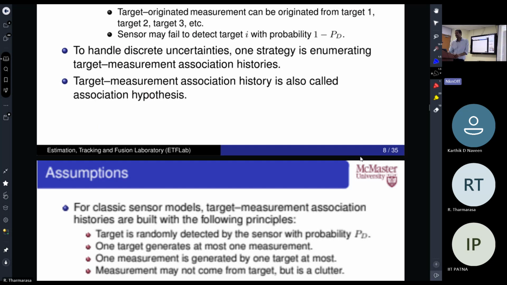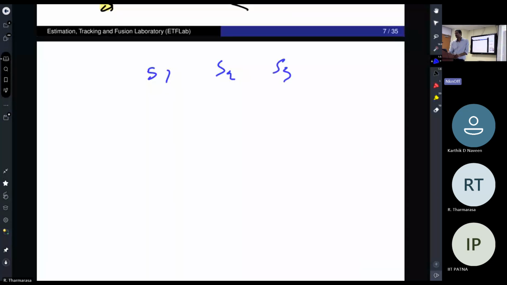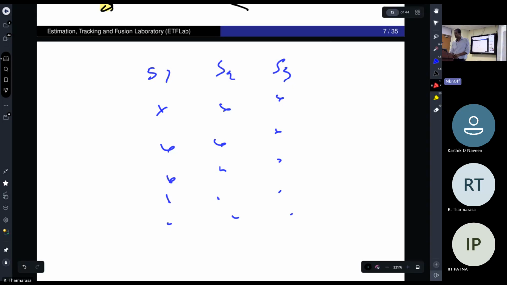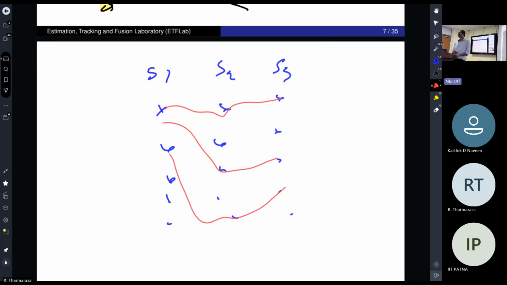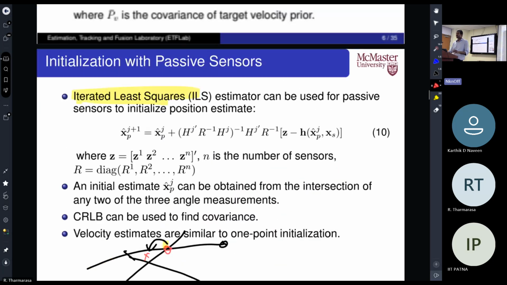Say you have sensor 1, sensor 2, sensor 3. So you have measurements like these. These are the angle only measurements that you get. Now what you do is consider all the possible pairs that you can have. For all these pairs, you want to find the likelihood. What is the likelihood of having these three pairs? Similarly, you will find the likelihood of all the pairs using this triangulation.